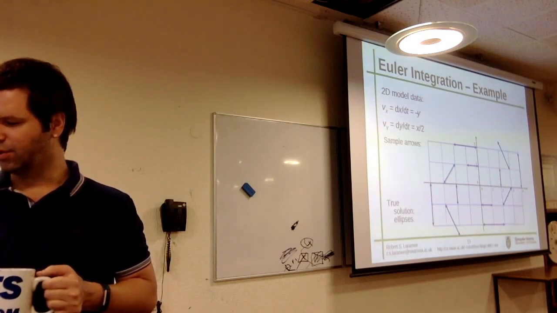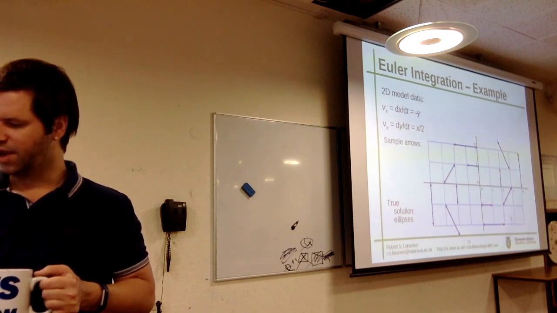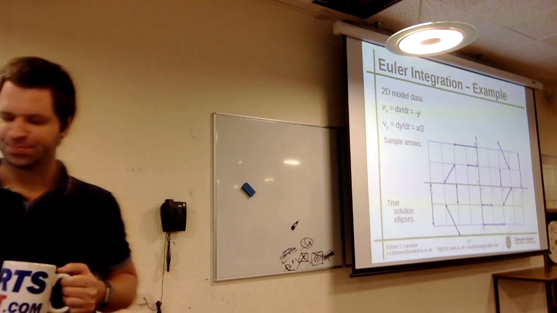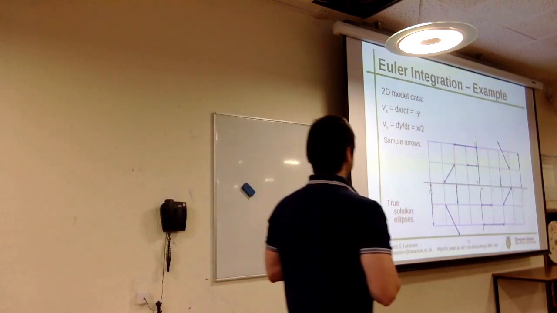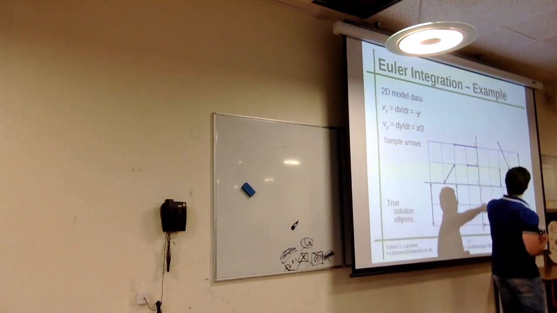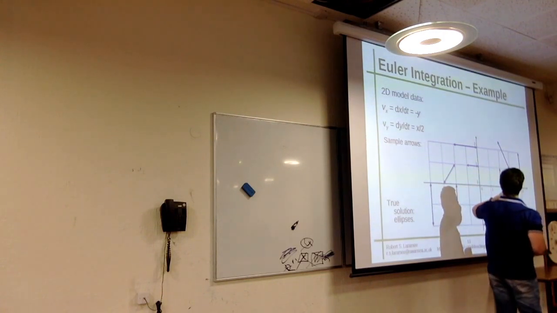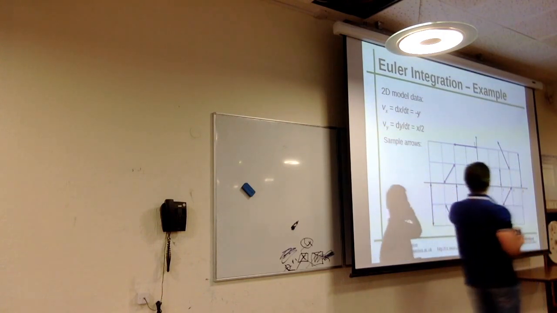And these are just a few of the examples. If we plug in this position, the velocity points here. If we plug in this position, the velocity points there, and so on. So the flow looks like this. It looks like a circular pattern, and it's counterclockwise or anti-clockwise, as you would say here.